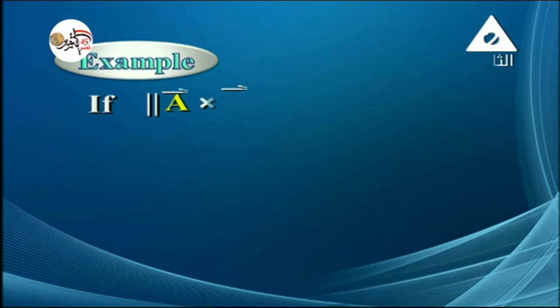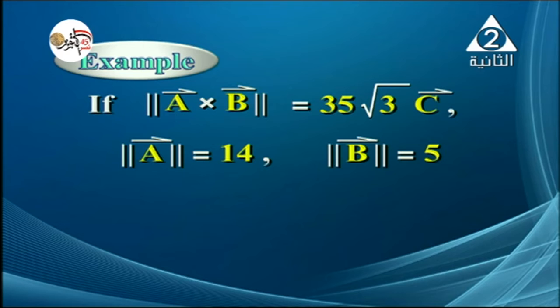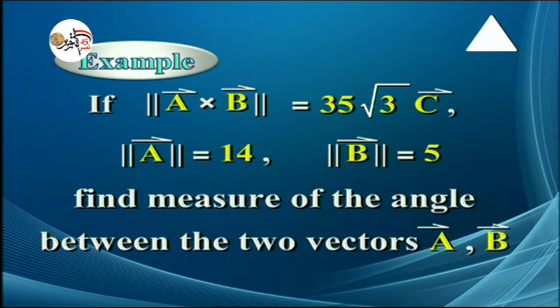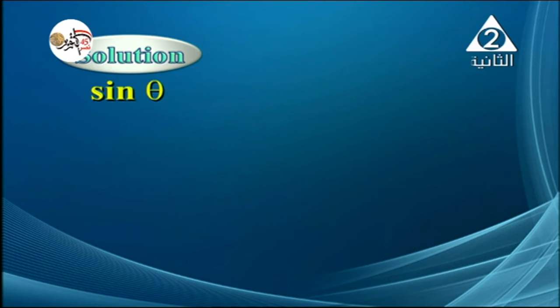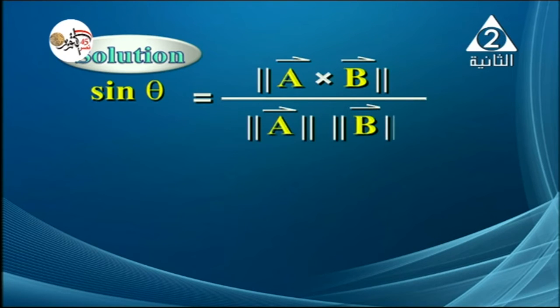Another example. If norm of a cross b equals 35 root 3, norm a equals 14, and norm b equals 5, find the measure of the angle between the two vectors a and b. Solution. Sine theta equals norm of a cross b over norm a times norm b.